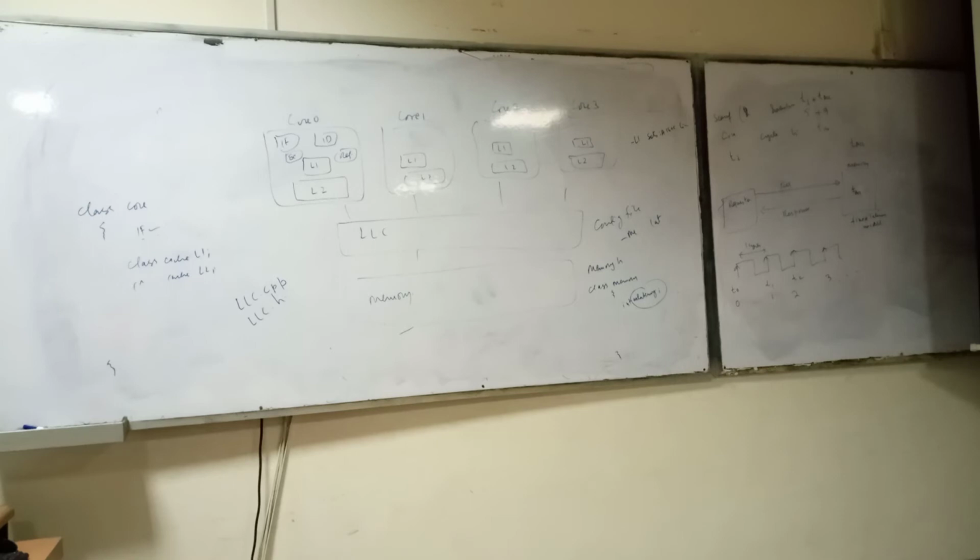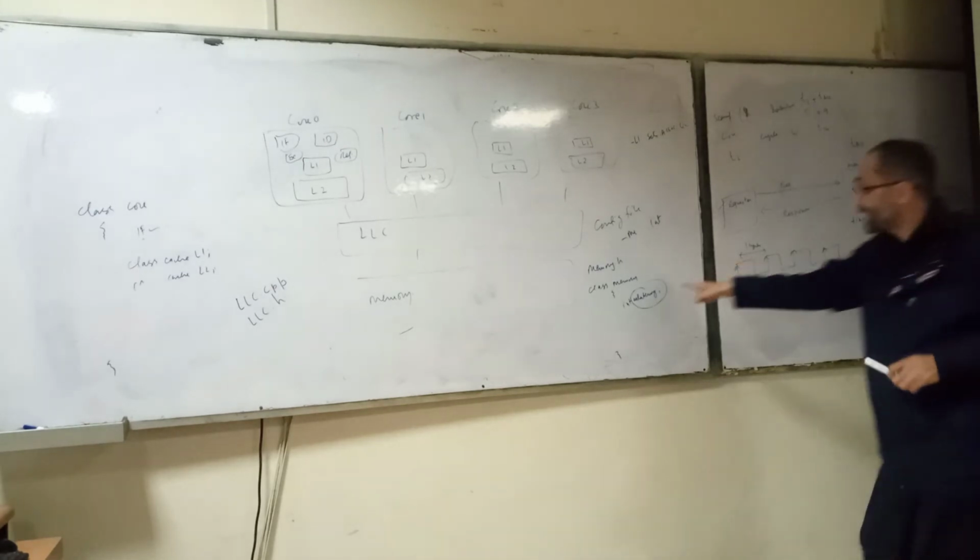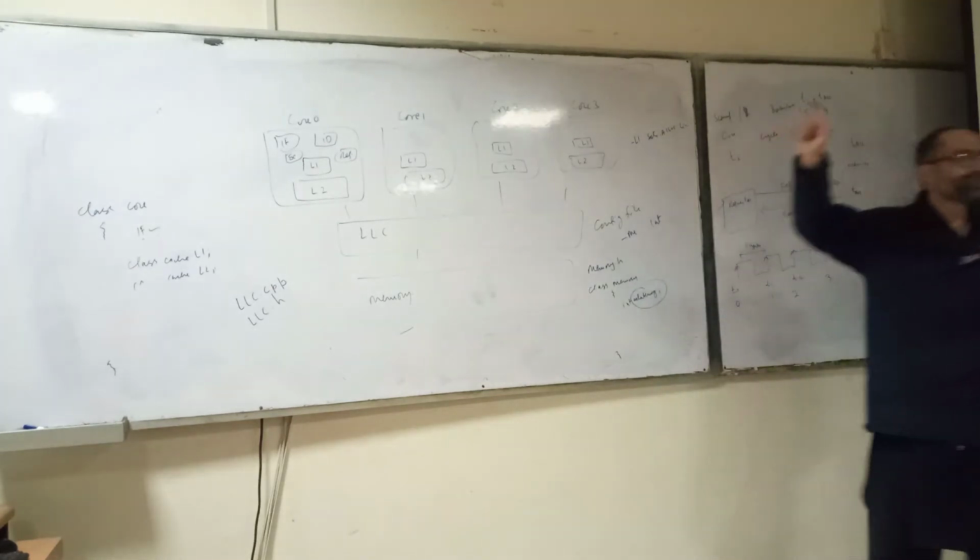What is the name of the function called at the time of object creation? Constructor. So you will initialize in the constructor. From that constructor you will read the value from the config file, and you will initialize this access latency to that value.